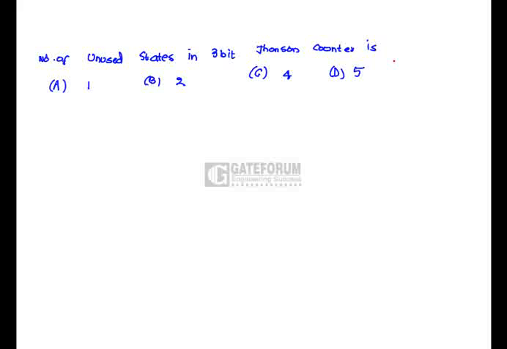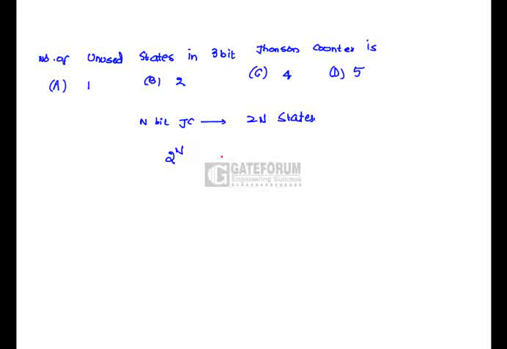Unused states in a 3-bit Johnson counter. In case of an n-bit Johnson counter, there are 2n states, but the number of states possible is 2 power n.